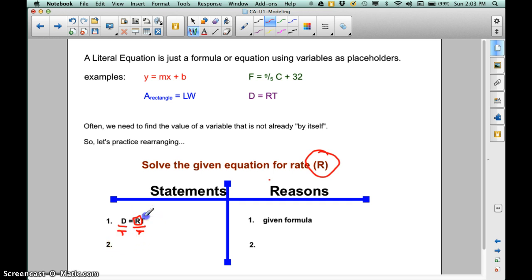Now, t over t cancels on this side, and in step 2, I have d over t is equal to r. r is by itself. What did I do to get there? Well, I divided both sides of the equation by t, and so my reason is the division property. Now, this was just one step, and sometimes if it's a short formula, it may be just that.